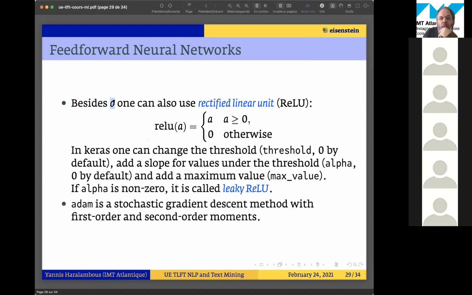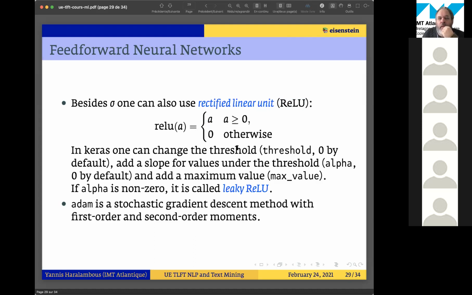Besides sigma as activation function, there are other functions we can use. One which is quite frequent is the rectified linear unit. Rectified linear unit is identity for positive values and 0 otherwise. So it's a horizontal line which at 0 becomes the identity. The problem with this is that it's not differentiable.